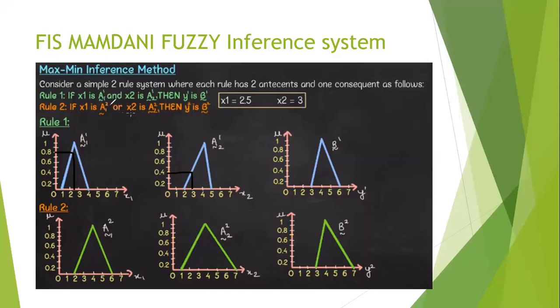In the first rule you are having AND operation. In last class we have learned, if you are having AND operation, we need to consider minimum value. Let me show you the other thing also.